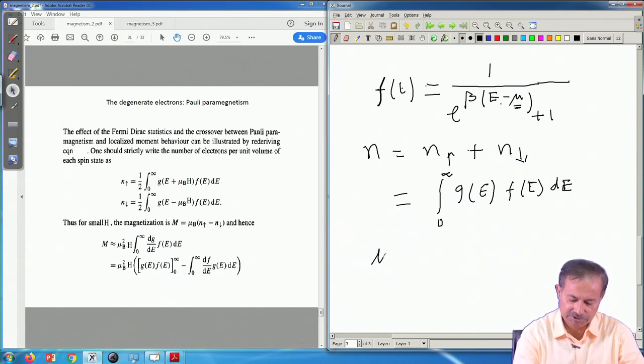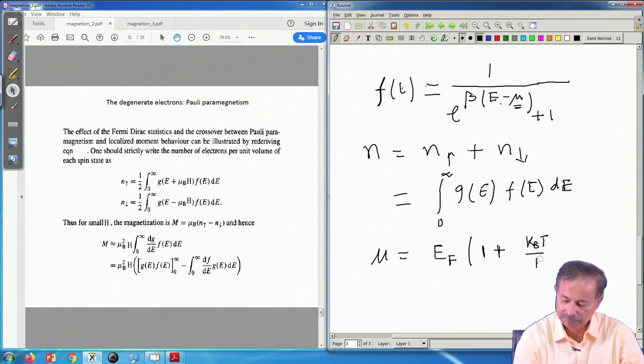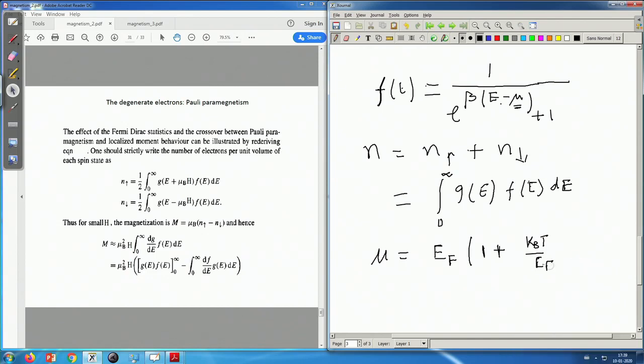From Sommerfeld theory, we remember that it is 1 plus (kB T by EF) squared, right.